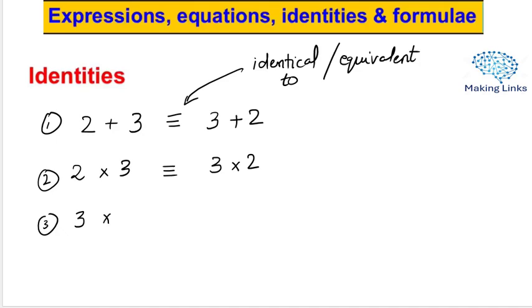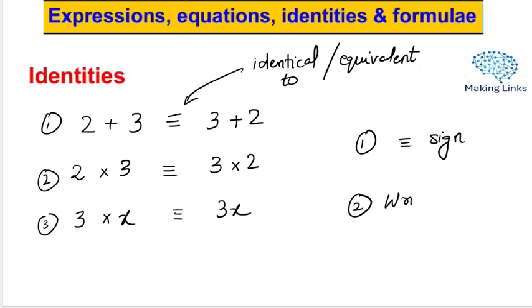Or we can do 3 times x, it is identical to 3x. So here are these two things in identities: it has this sign of 3 bars, and the second thing we learn is to write the same thing in a different way.